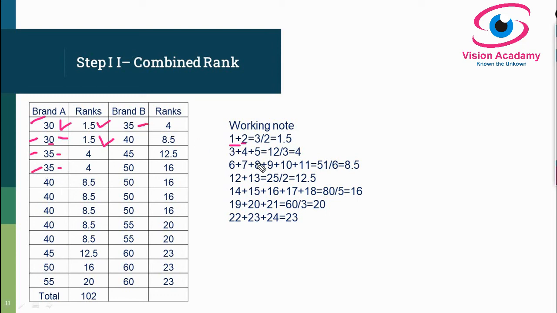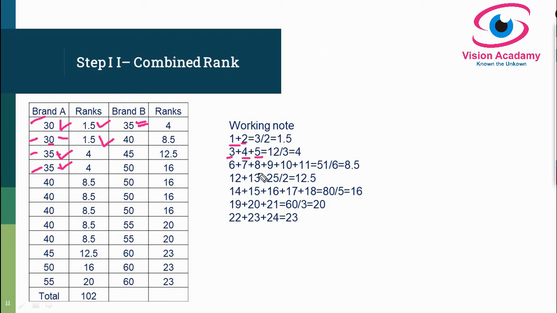Now I have to add all together, that is, all the 35s. The first 35 position is 3, the second is 4, and the third is 5. So that is 3 plus 4 plus 5.